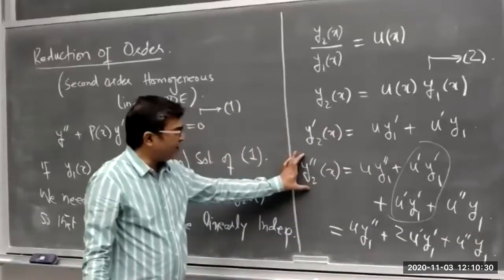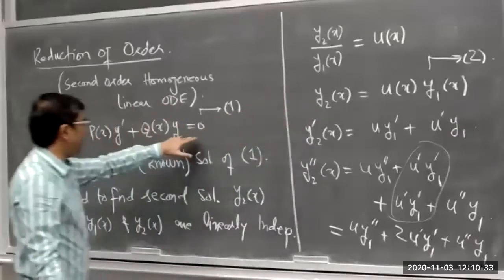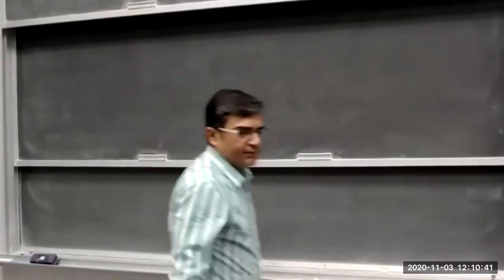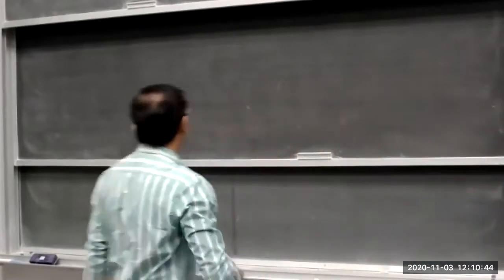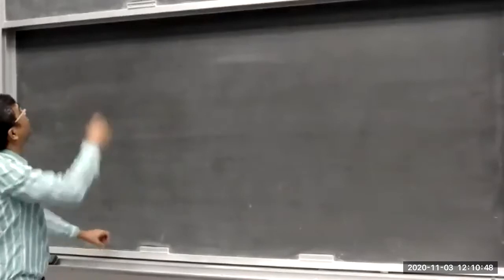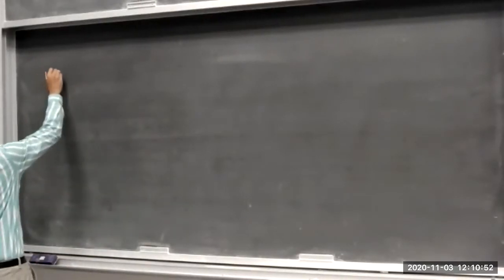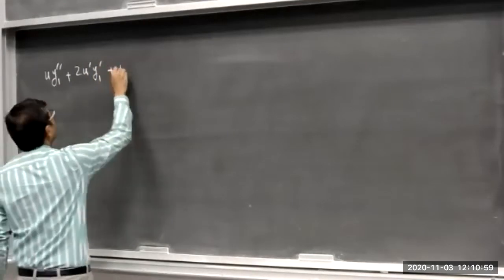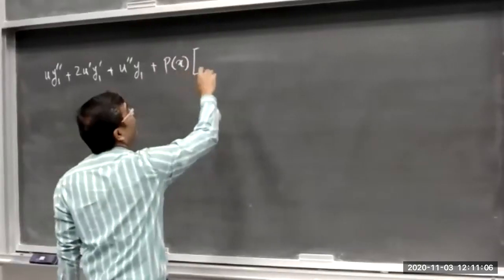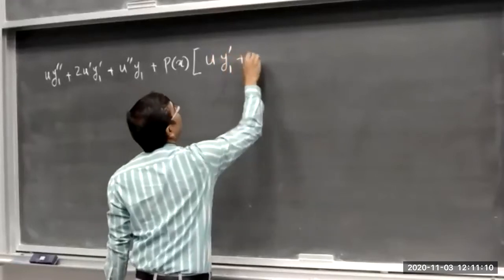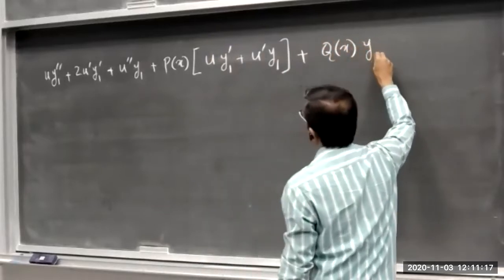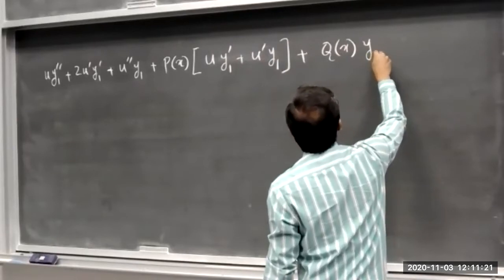Now, inserting the values of y2 double dash, y2 dash, and y2 into equation 1, what do we get? u y1 double dash plus 2u dash y1 dash plus u double dash y1, plus p of x times the value of y dash, which is u y1 dash plus u dash y1, plus q of x times, instead of y, we put u y1.